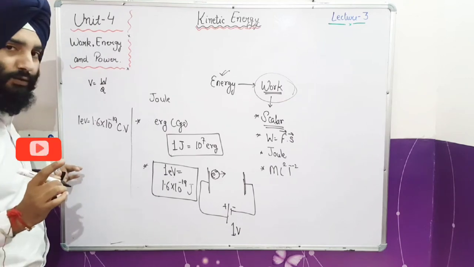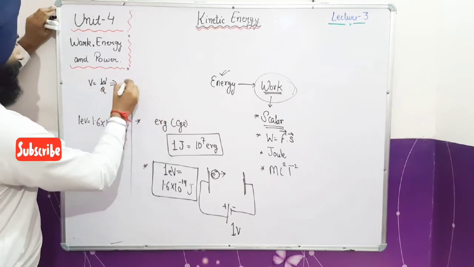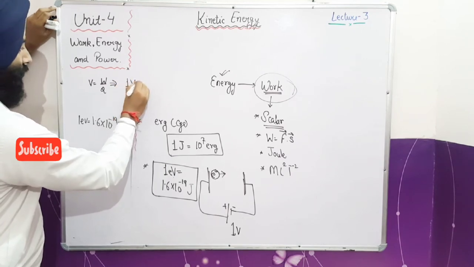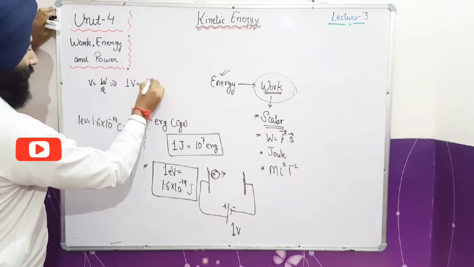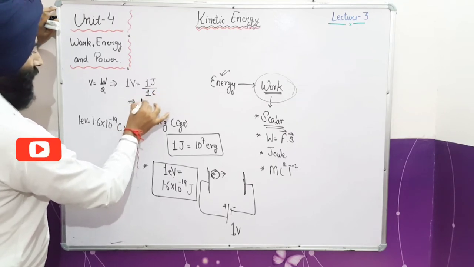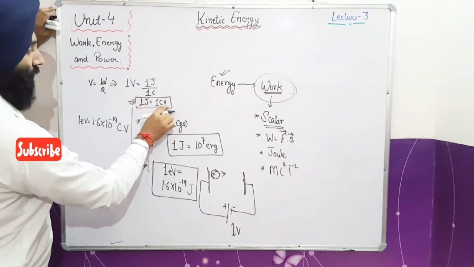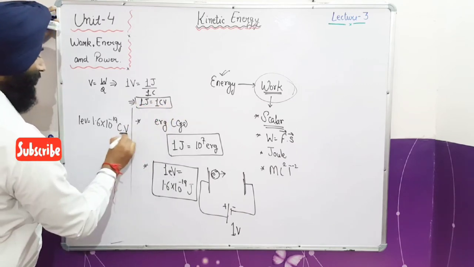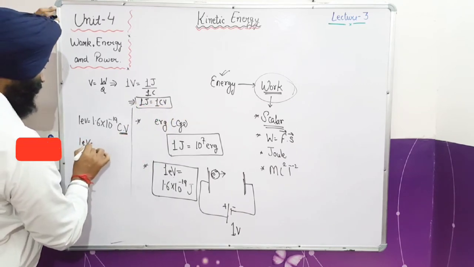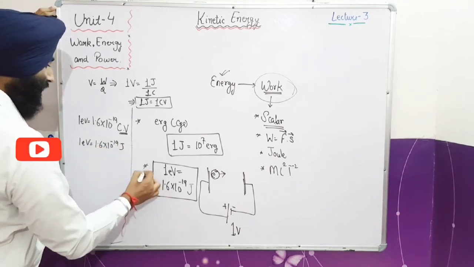In SI, the unit of work done is joule and charge is coulomb, so 1 joule equals 1 coulomb volt. So we can replace the coulomb volt with joule. So 1 electron volt is 1.6 into 10 raised to power minus 19 joule. In this way the relation comes.